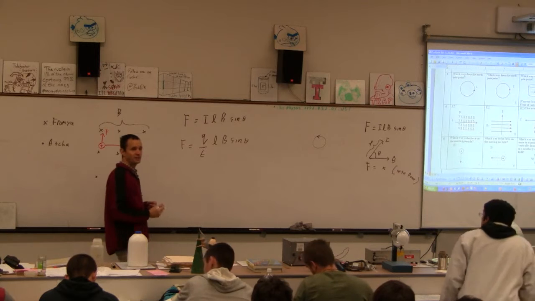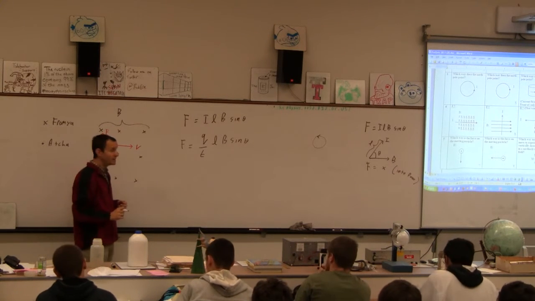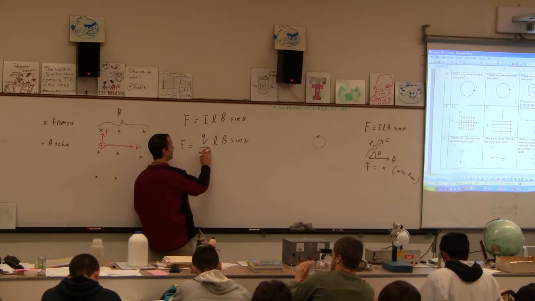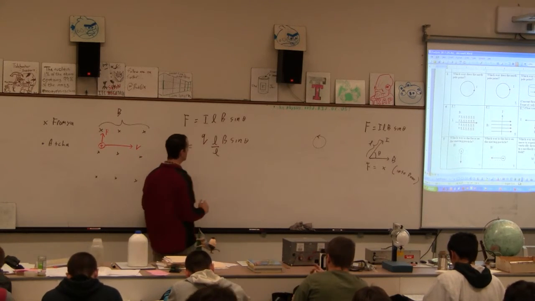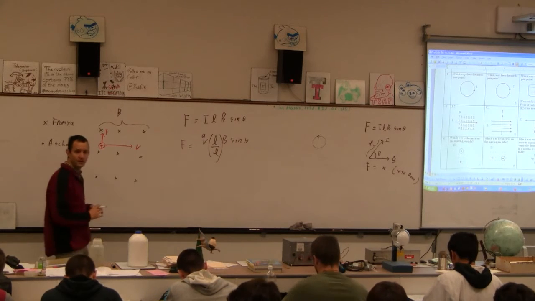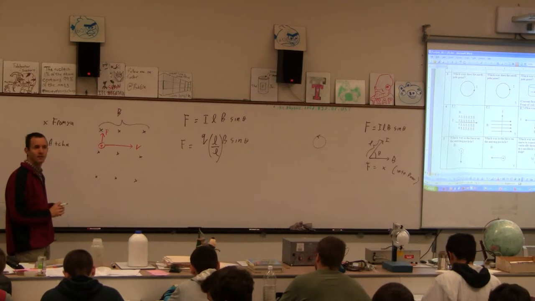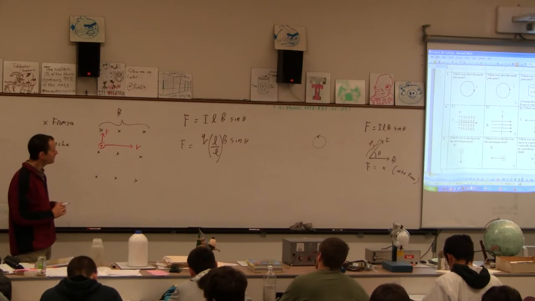And isn't multiplication and division commutative? It doesn't matter what order we do, so it doesn't matter whether we divide the Q by the T or the L by the T. As long as you divide by T, it doesn't matter.